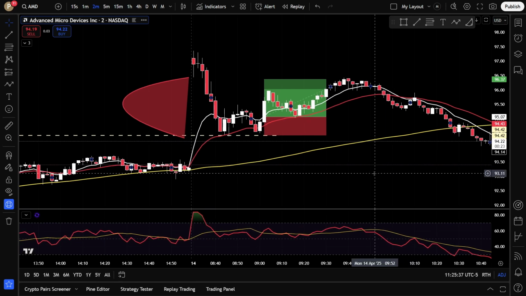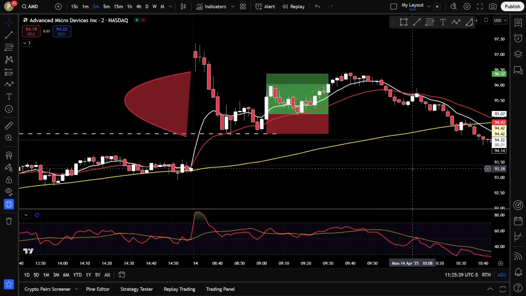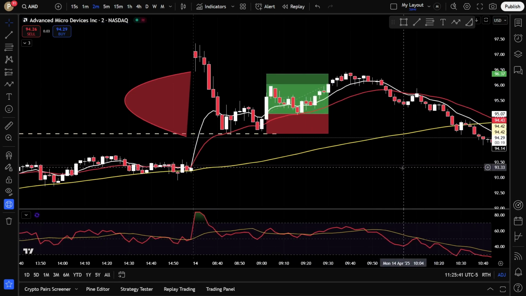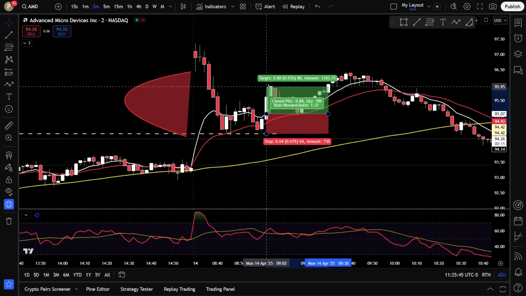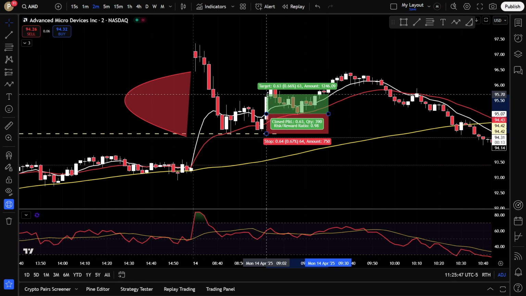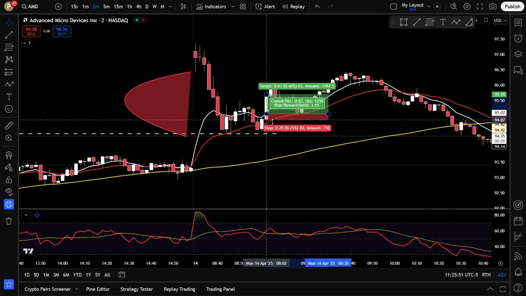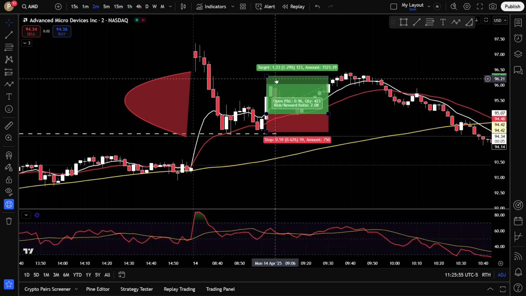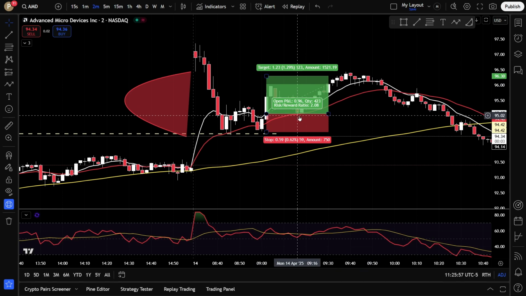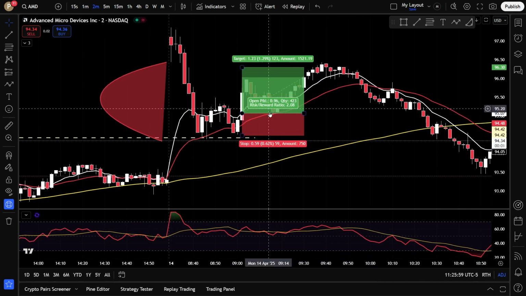But the reason why I was break even on this trade is because my system, when price moved to 1.1, I automatically move my stop loss to break even right there. So price actually never hit that 2 target, but it came back and stopped me out right at break even.